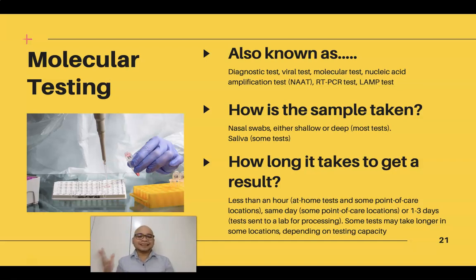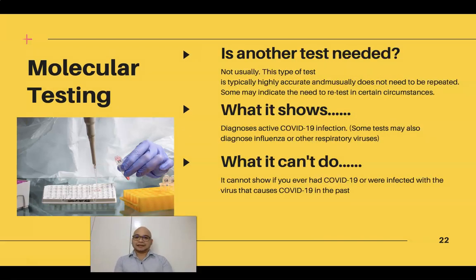So you cannot demand medical technologists to release the result in an hour. Technically it can be done if they devote their time and energy to you alone, but that's not the reality. That's the reason why you have to wait about 1 to 3 days before you can get the result. Some tests may take longer in some locations depending on the testing capacity.